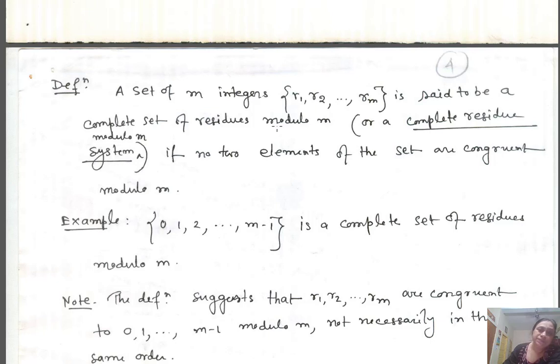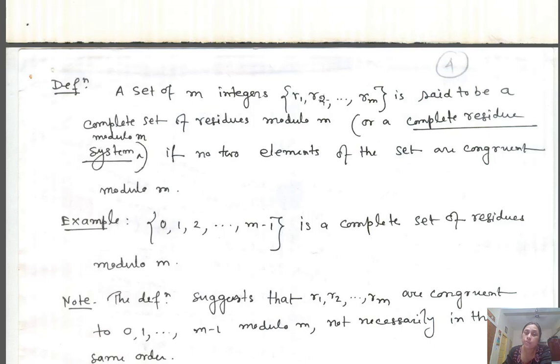Now we are interested in this definition. A set of m integers r1, r2, up to rm is said to be a complete set of residues modulo m, or a complete residue system modulo m, if no two elements in this set are congruent modulo m.